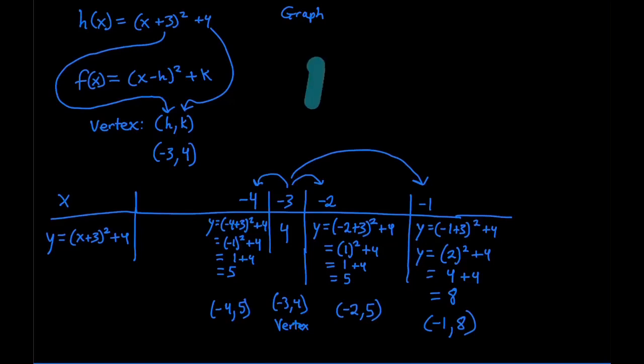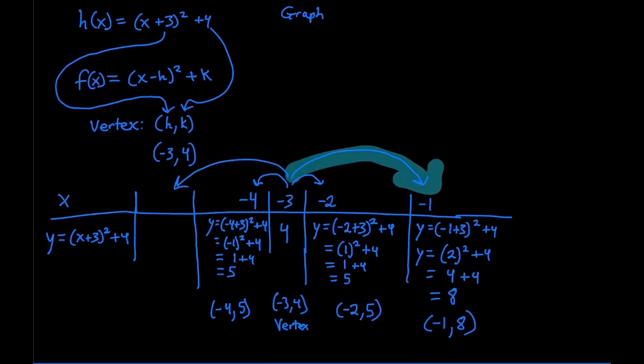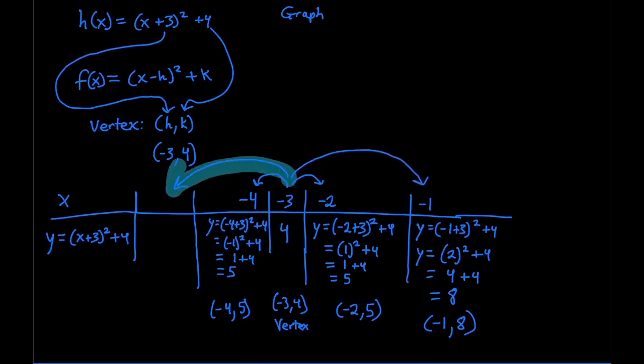And going back to the negative 3, the vertex, you want to go the same distance left that you go right. So for this one, we went right by 2 from the vertex. So now you want to go left by 2. Subtract 2 from the negative 3, and that's how you get negative 5.